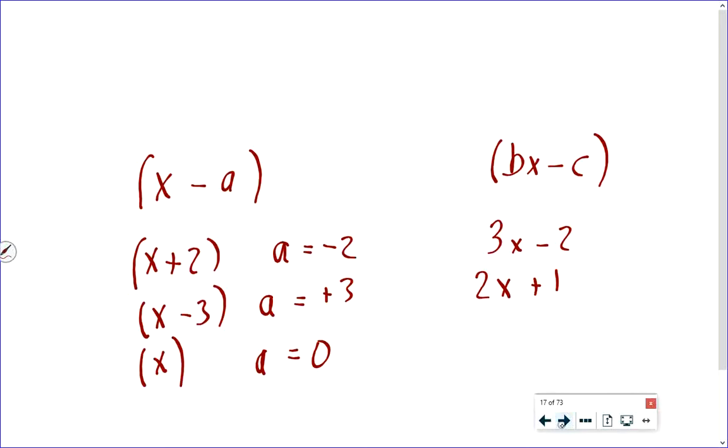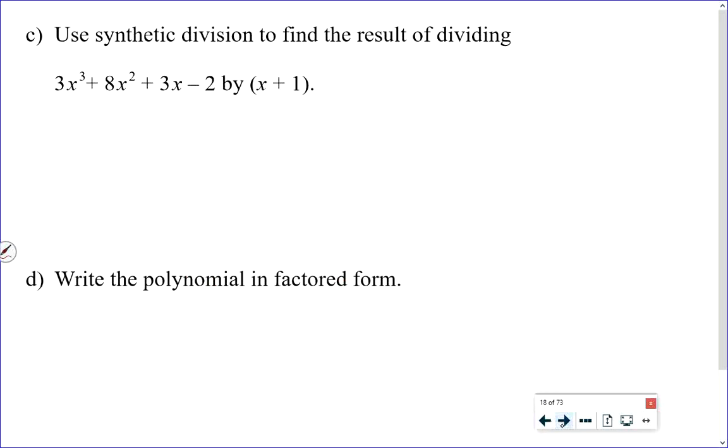Speaking of which, use synthetic division to find the result of dividing the polynomial by x plus 1. Well, that's pretty easy. I say speaking of which because we're in the process of factoring this now, and you'll see how this all comes together in a second. 3, 8, 3, negative 2.